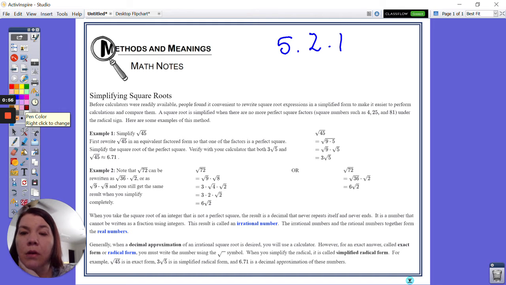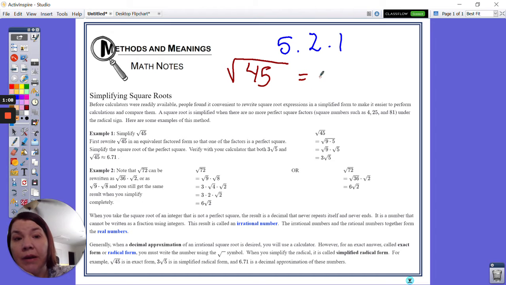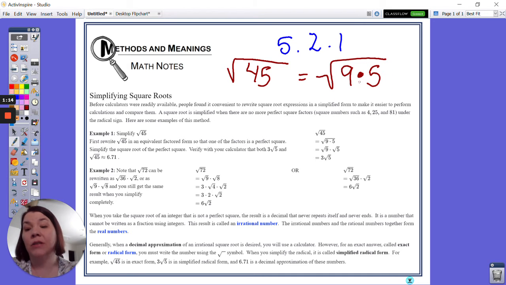And so they did an example of the square root of 45. So what we know is 45 is a number. I know that 45 is 9 times 5. So that's the first thing I do. And what I want to do is look for numbers I can actually take the square root of. So I could have used 3 times 15. But I can't take the square root of 3 or 15 without a calculator.